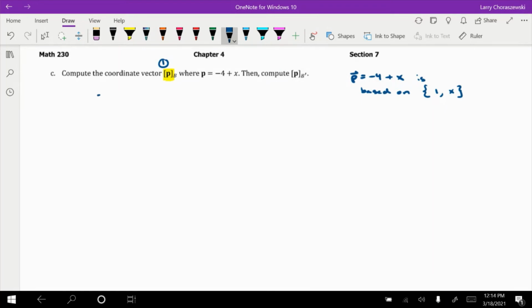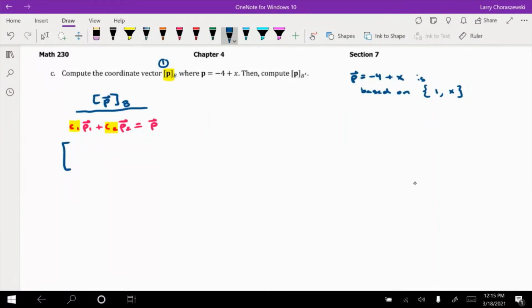First part, polynomial P relative to the basis B. Okay, so we would have to figure out the coefficients of this linear combination, C1 P1 plus C2 P2 equaling P. That will produce an augmented matrix, in which case we would solve for C1 and C2.